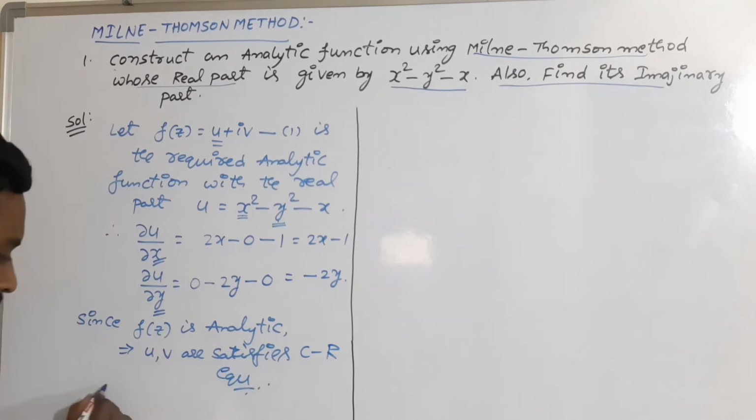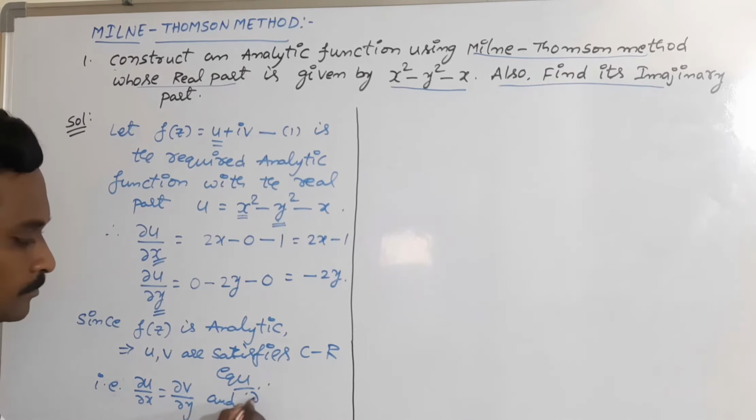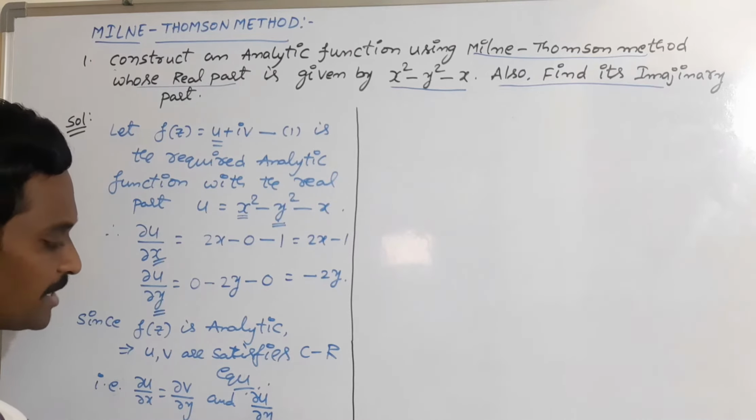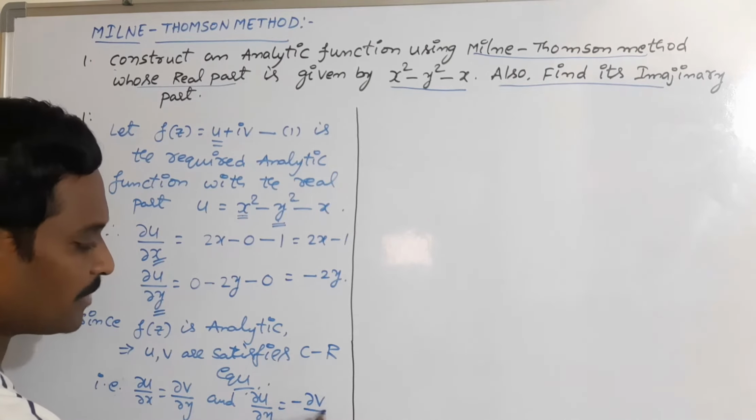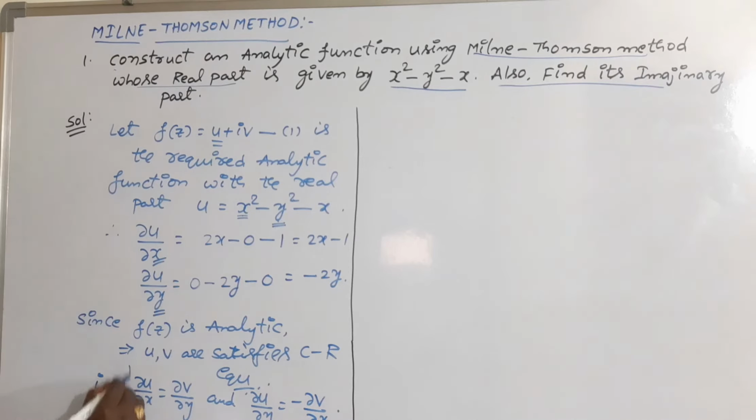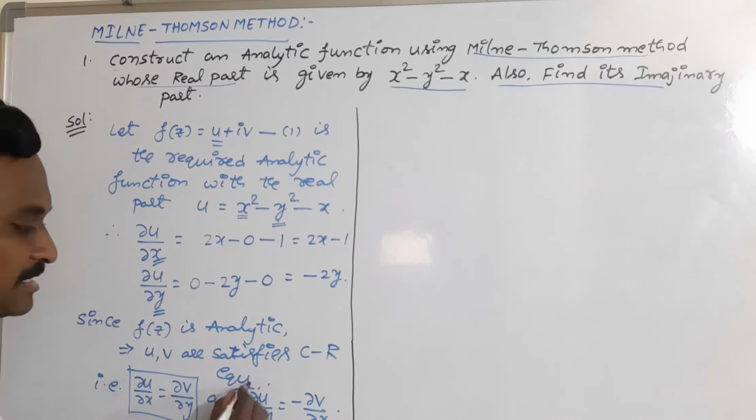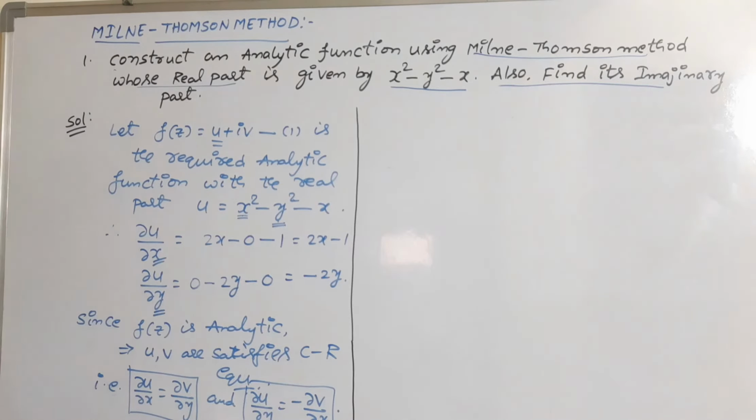What are those? That is, dou u by dou x is equal to dou v by dou y, and dou u by dou y is equal to minus dou v by dou x. We can use both these equations anywhere in these solutions.